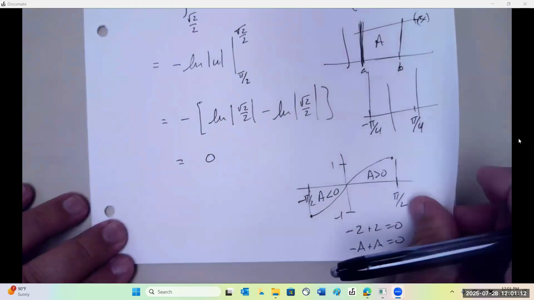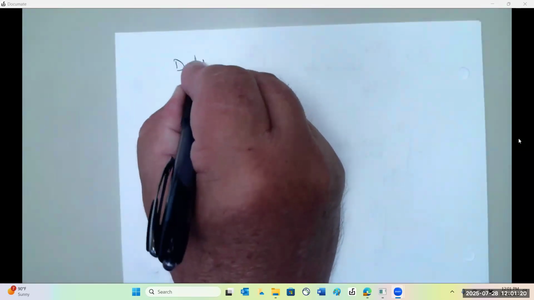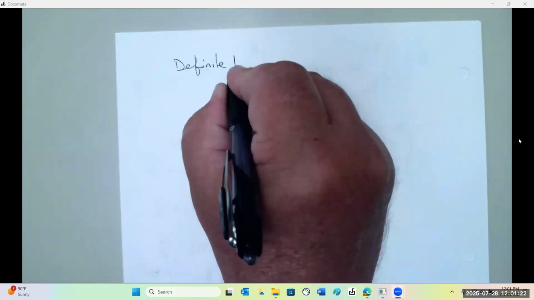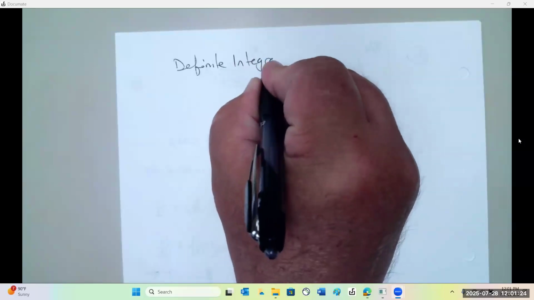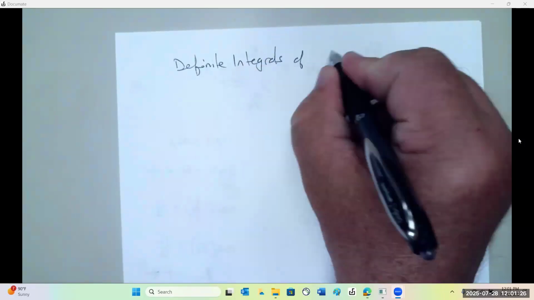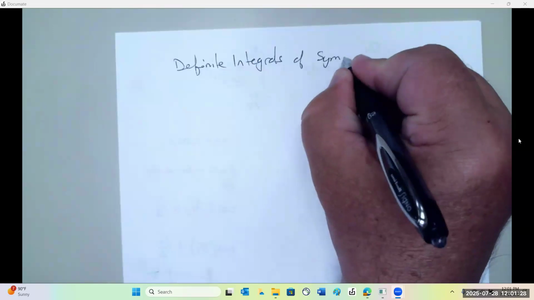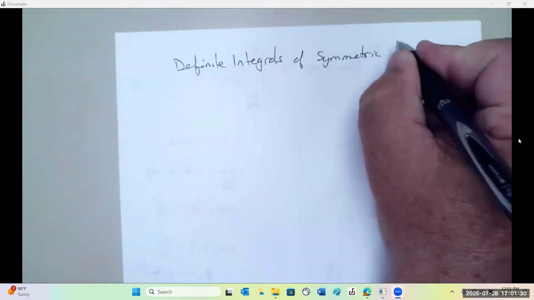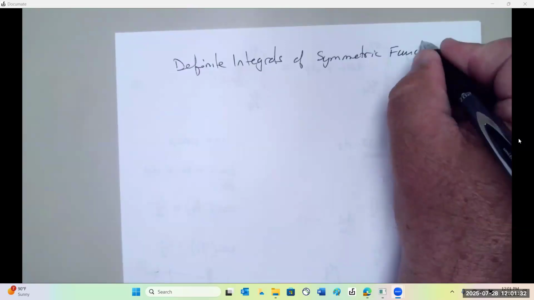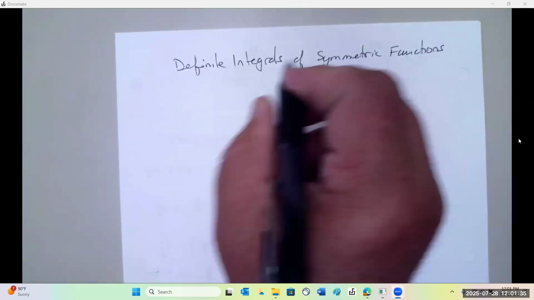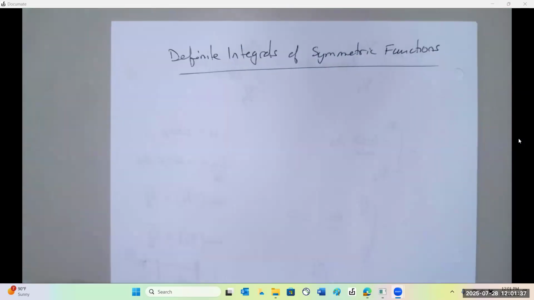Which brings us to this: definite integrals of symmetric functions. Think back to algebra.